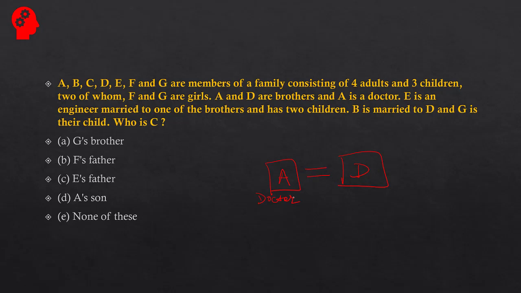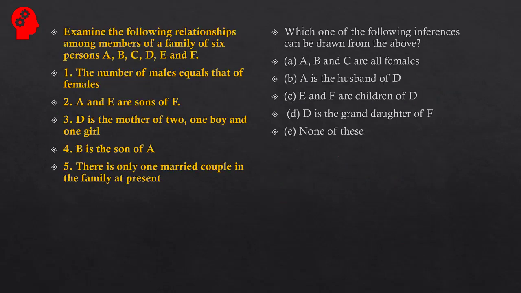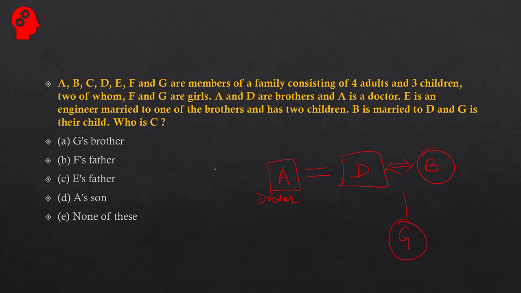E is an engineer married to one of the brothers and has 2 children. B is married to D and G is their child. It has been given G is a girl. So E is an engineer married to one of the brothers. That would mean E would be married to A and has two children.